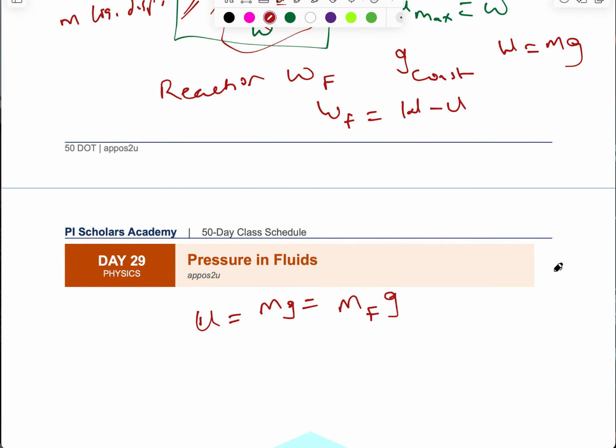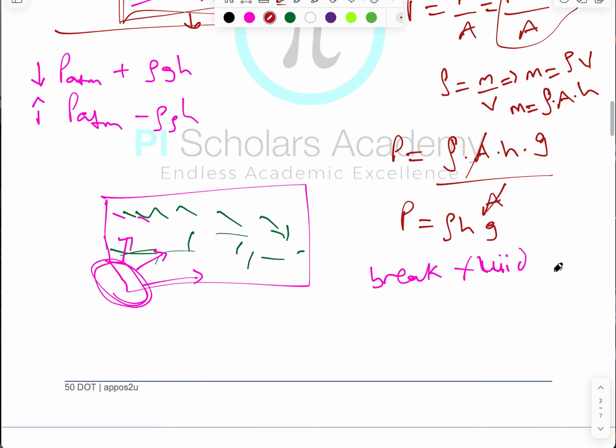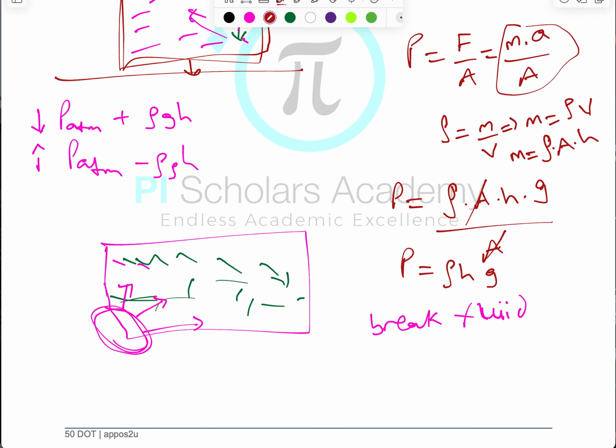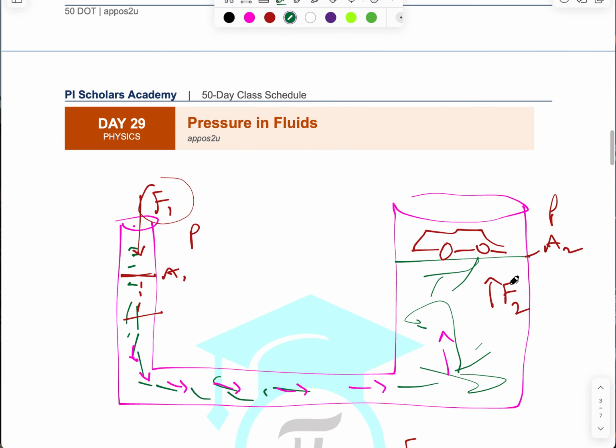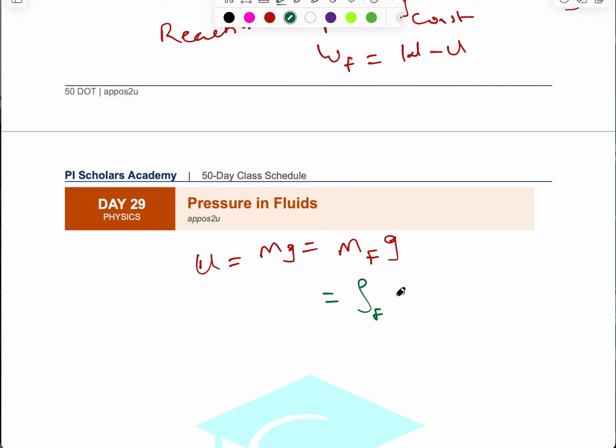But how do you calculate the mass of the fluid that was displaced? Like I already explained earlier, mass can also be written as density times volume. So you can now replace it with the density of the fluid times the volume of fluid displaced multiplied by acceleration due to gravity. But how can you get the volume of the fluid displaced?